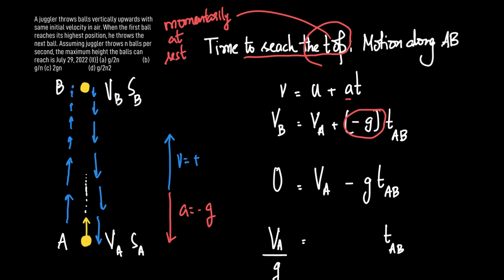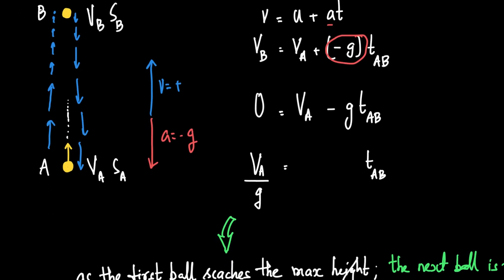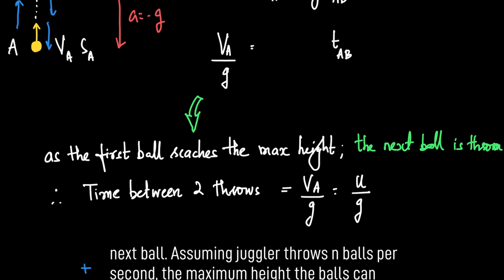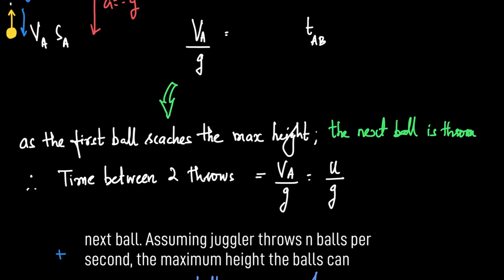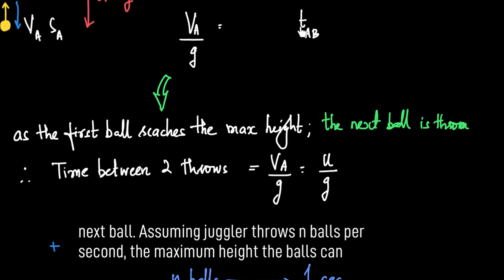So from this, we have 0 is equal to VA minus G TAB, and TAB is therefore VA by G. So the time taken for the first ball to travel from A to B is VA by G. As the first ball reaches the maximum height, the next ball is thrown.